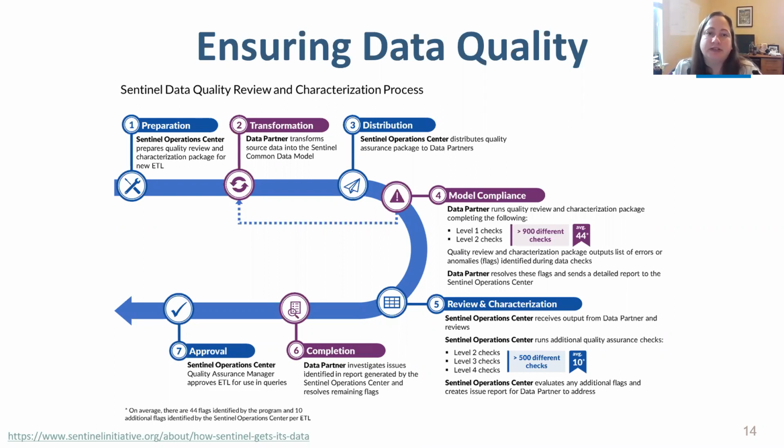Every time they refresh their data, they undergo this quality assurance process. There are multiple steps involved. I'm not going to go through it in detail, but there are a lot of different steps. They go back and forth with the operations center when some data don't look correct. Every time it goes through this quality assurance process, it's actually the whole data. So say they're refreshing data and adding 6 months.